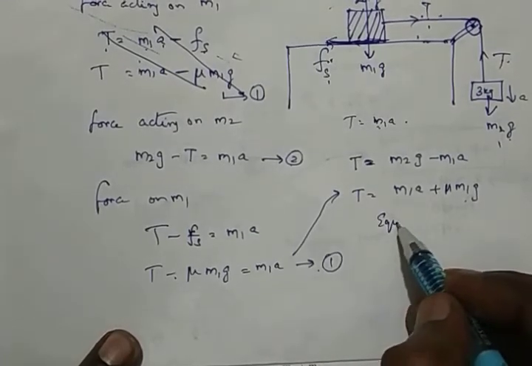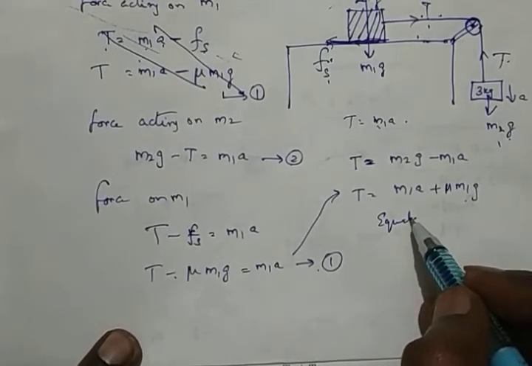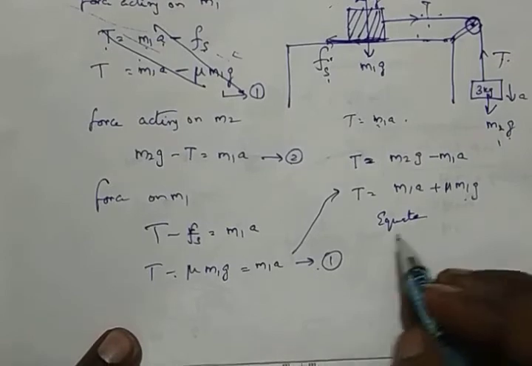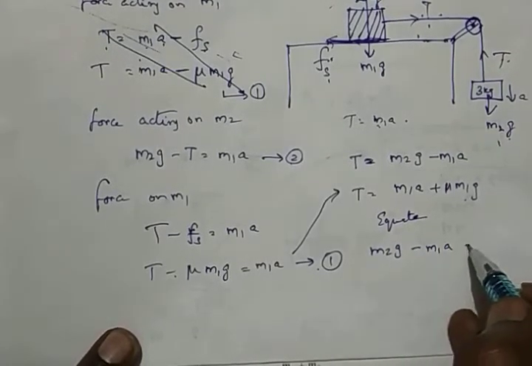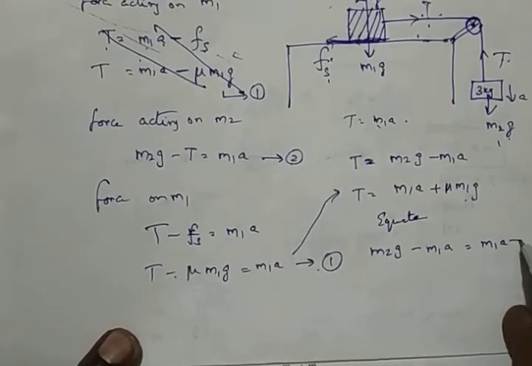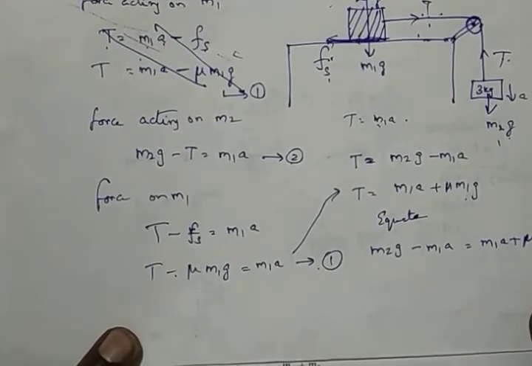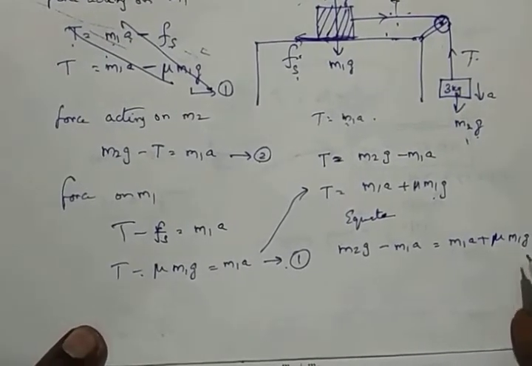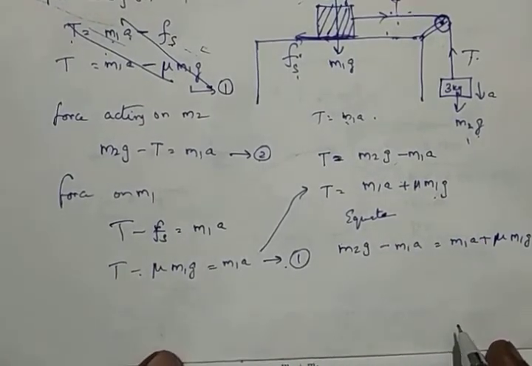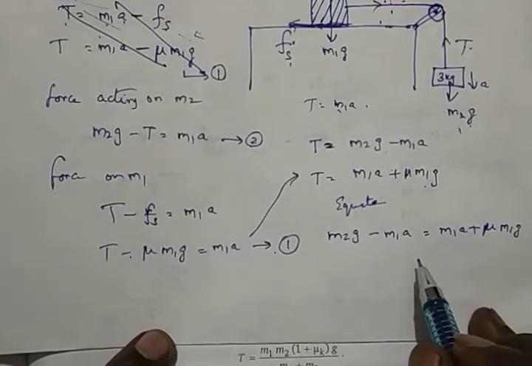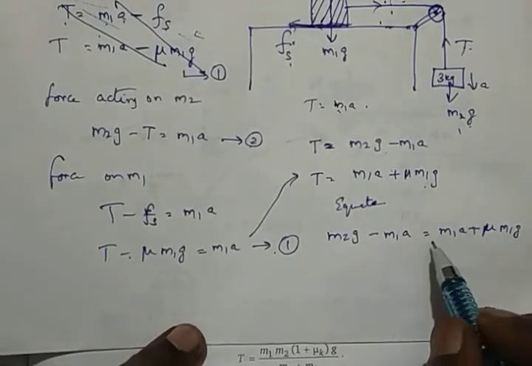Equate both. Equation 1: m2g minus m1a equals m1a plus mu into m1g. This is here and this is here, that's all. Now we need to find the acceleration. So how to find the acceleration here?